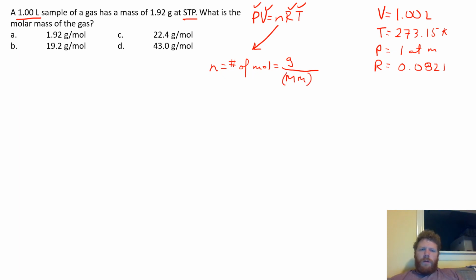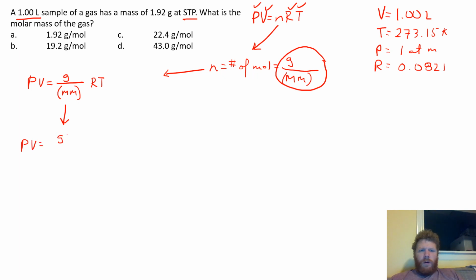So we can write PV equals, rather than n, g divided by MM, times RT. That is the same as writing PV equals gRT divided by MM.